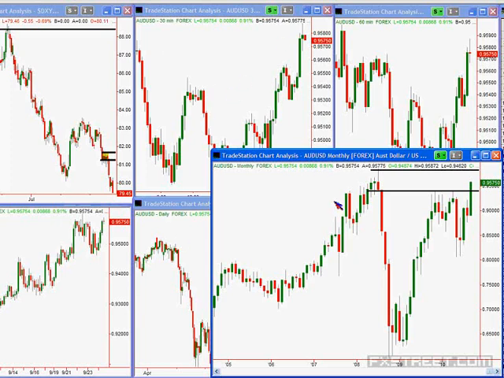Let me set up this chart for you, and then I'll grab it. It's tough to map out a perfect area here, but let me do my best.